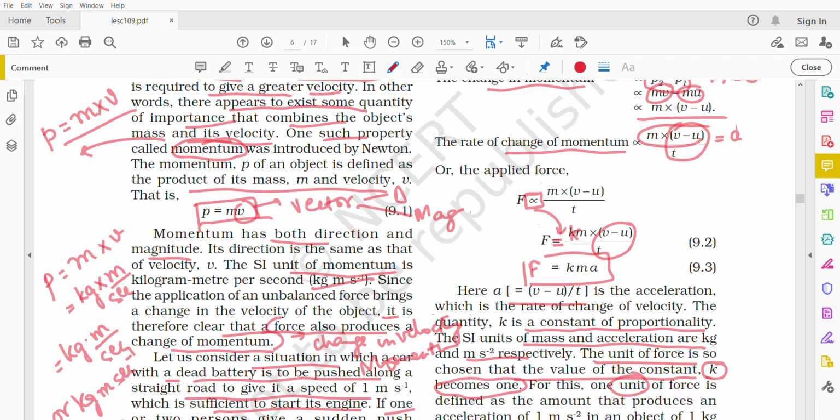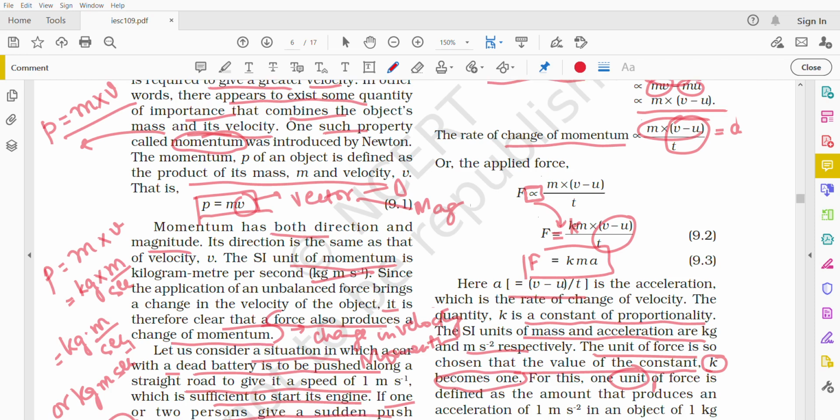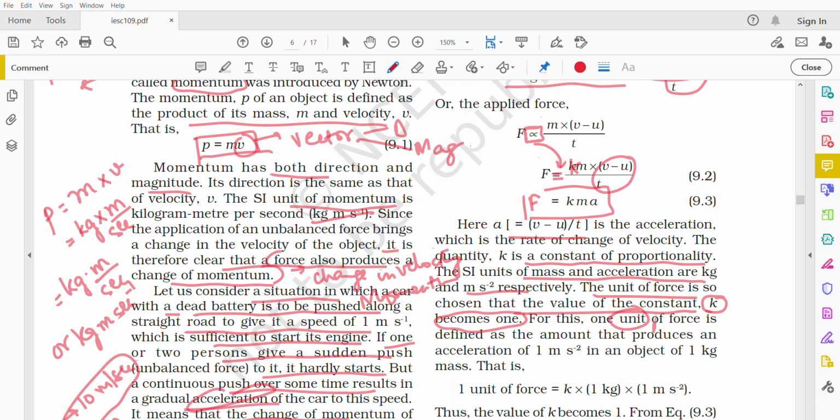So what are we going to do? For this, 1 unit of force is defined as the amount that produces an acceleration of 1 meter per second square in an object of mass 1 kg.